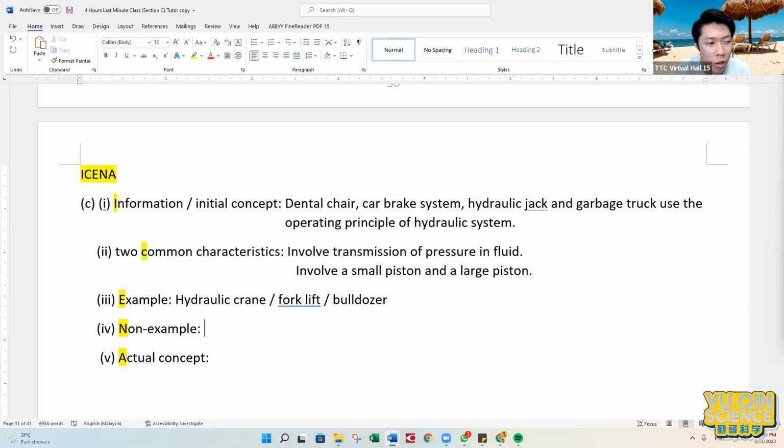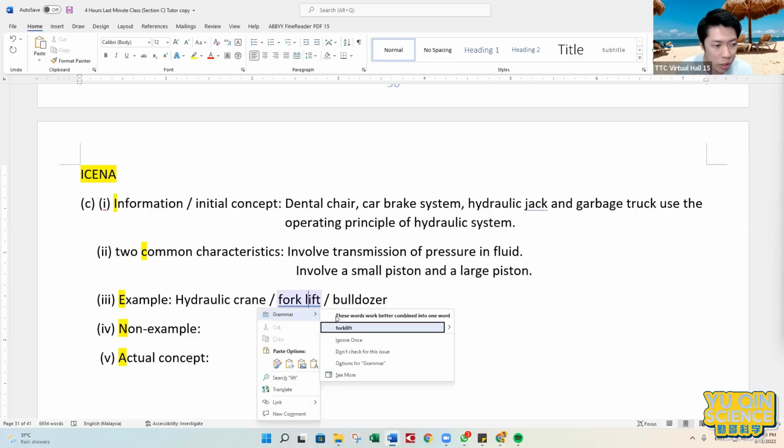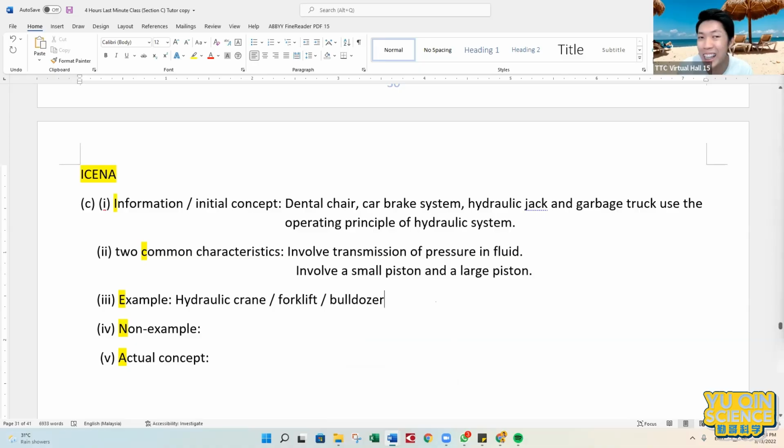And you need another one for non-example. Non-example means don't give anything that is related to hydraulic. Give something else. Oh, what's the another topic that we talk about after hydraulic? There's another topic called Bernoulli principle. Okay, give anything not hydraulic. Give Bernoulli lah. What's in Bernoulli, by the way?